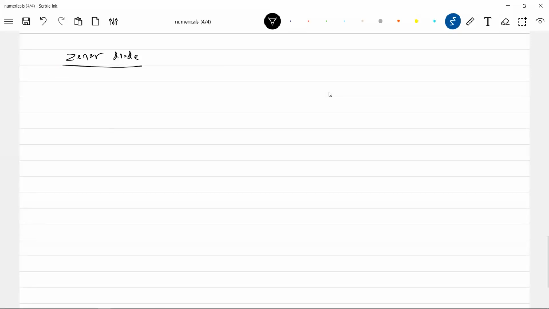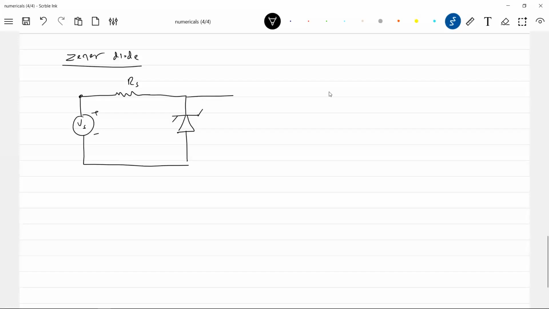Okay, there's an unregulated voltage Vs. And there's a load. So this will be plus minus, plus minus.